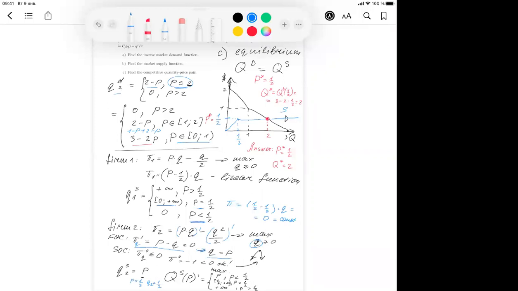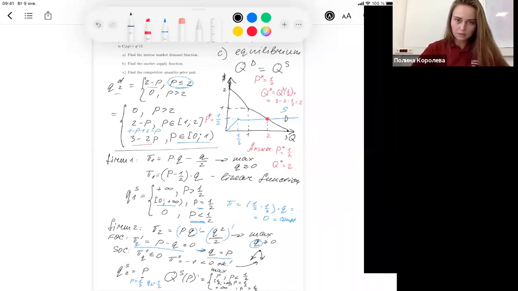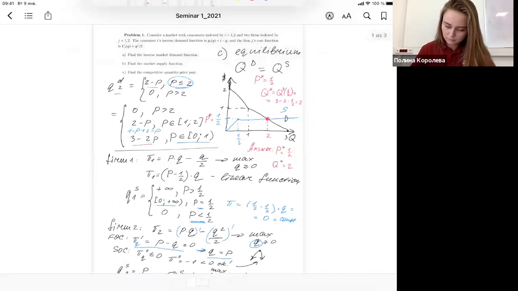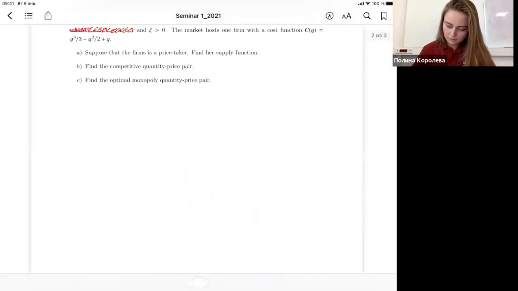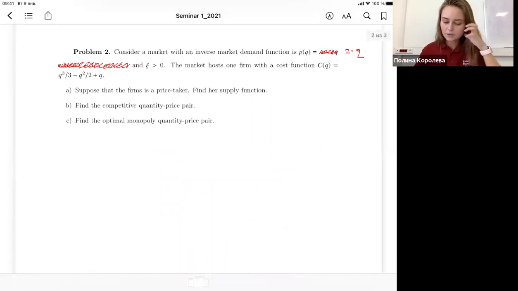Okay, let's move on. What will we have in the second task? Let's read. Second task. Consider a market with an inverse market demand function 2 minus q.